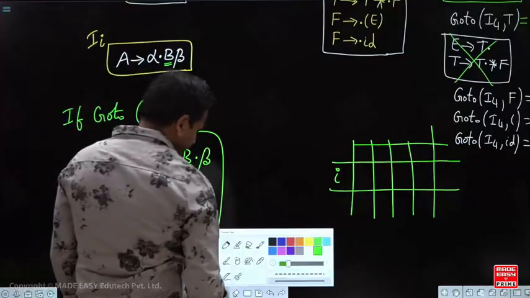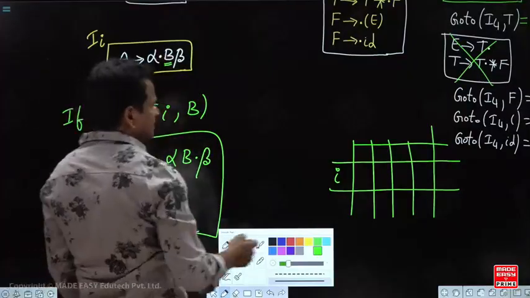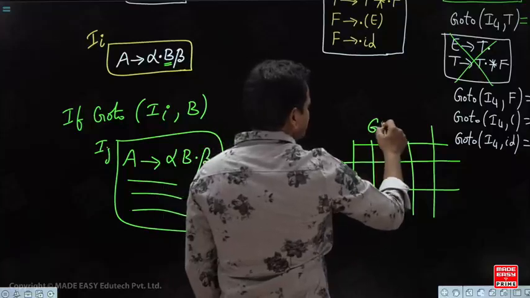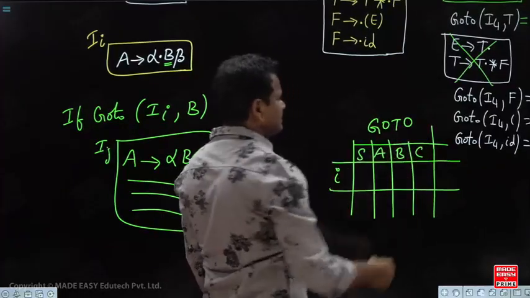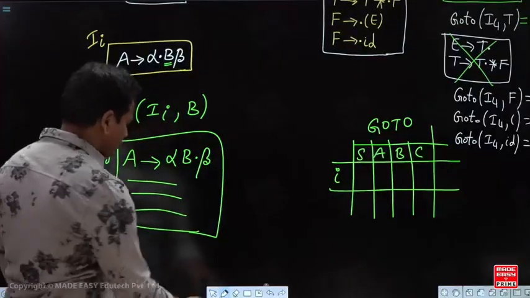Now, as it is a non-terminal, we enter it in the goto part. Suppose the goto part is this, S, A, B, C. These are the non-terminals. Now look at this, guys.